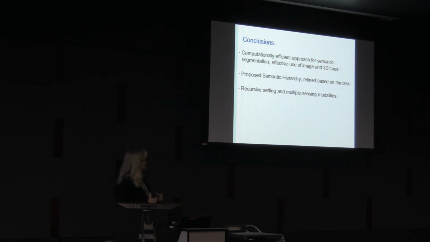And we feel that having a hierarchical representation is quite critical. So we want to have a lot of simple features and statistics to compute the core classes and then refine them depending on the task.